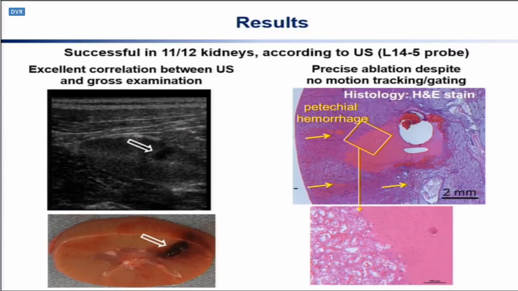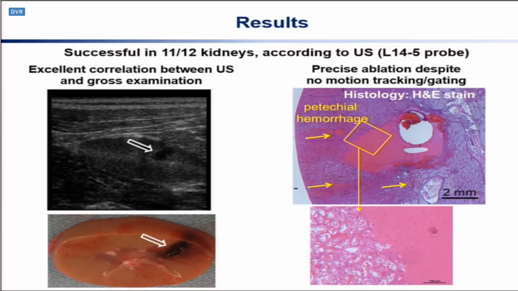And the histological analysis shows also the same size of the lesion with a sharp boundary between treated and untreated volumes, with some small petechial hemorrhage around the lesion, because we did not do motion tracking, so some damage was there, but not too much. This sharp boundary was found in the cortex. In the medulla, there was some blood in the collecting ducts around the lesion, but with a completely homogenized central part of the lesion.